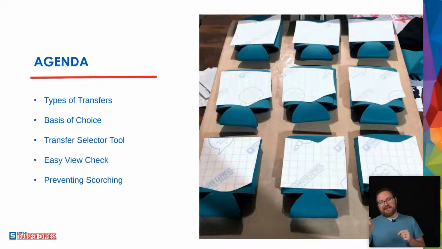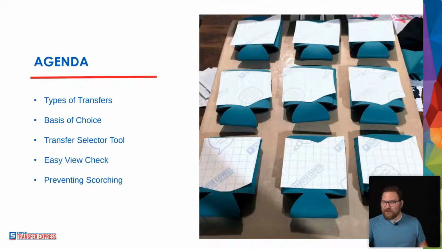Of course, we'll be sending it, and I'll show you how you could get a printed copy like this as well. Then we're going to talk about when you're ordering an Easy View, where to check what fabric type you're printing on, which goes into the basis of choice here on the agenda. And then finally, we're going to talk about preventing scorching polyester or synthetic fibers. You really need a low temperature application, and there are certain transfers designed specifically for that in mind.